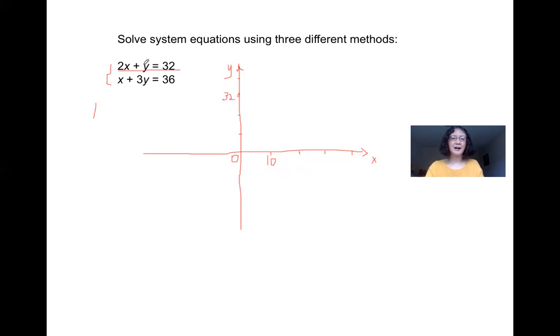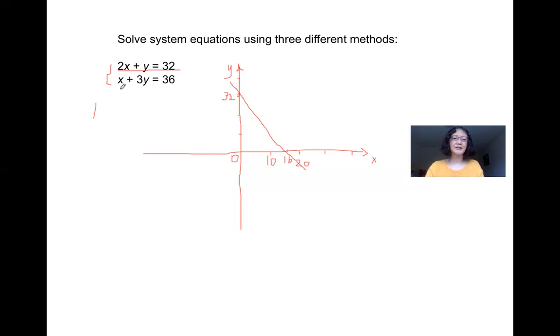Next, you set y equal to 0, and x equal to 16, so 16 maybe here. Now you have 2 points, and you draw a straight line. So this is the first equation.